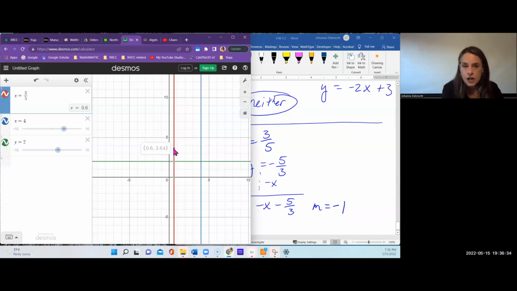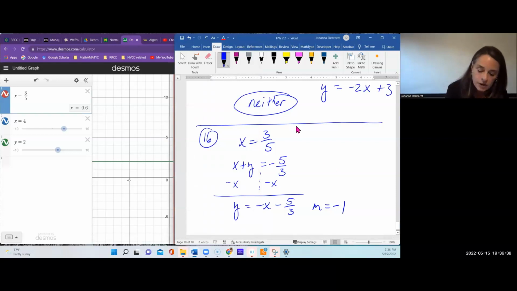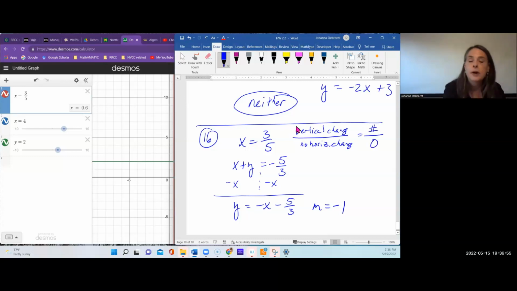So there's vertical change, but there's no horizontal change. In other words, we're trying to divide by 0. Some number on top divided by 0 on bottom. That is not allowed. In fact, if the 0 is under, it is undefined.